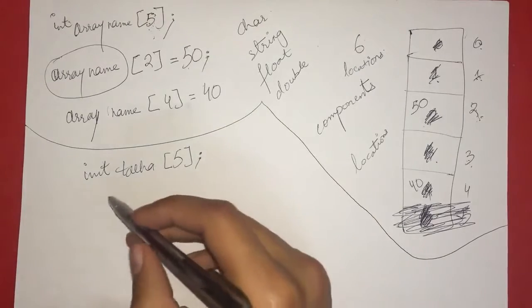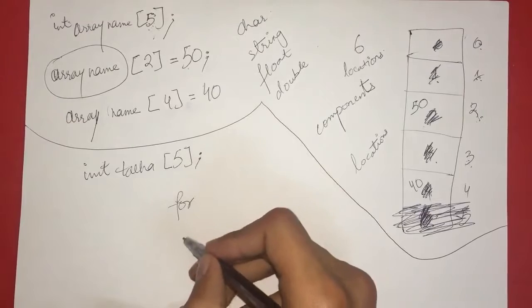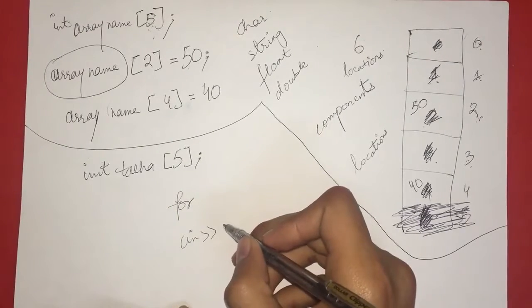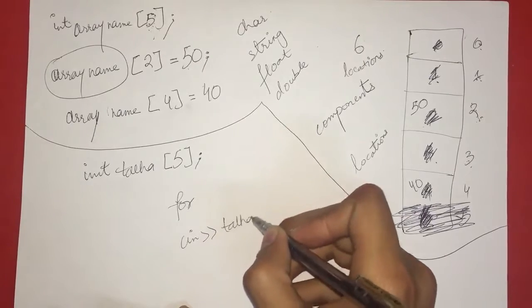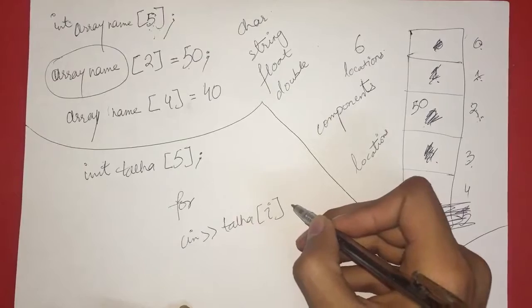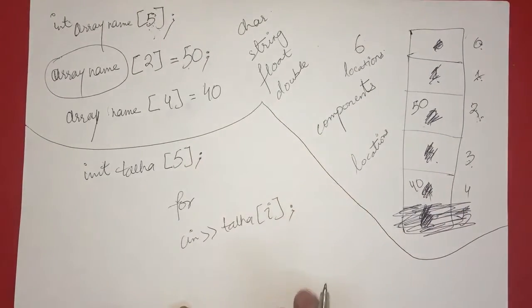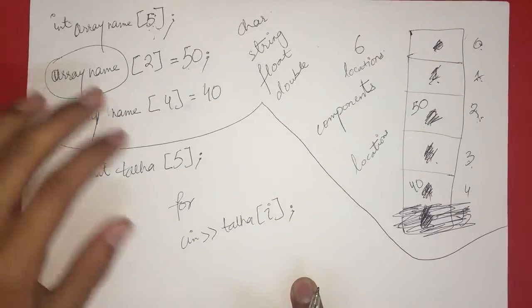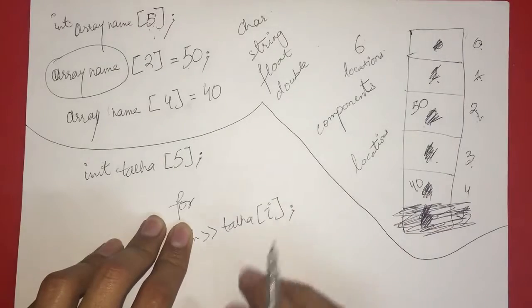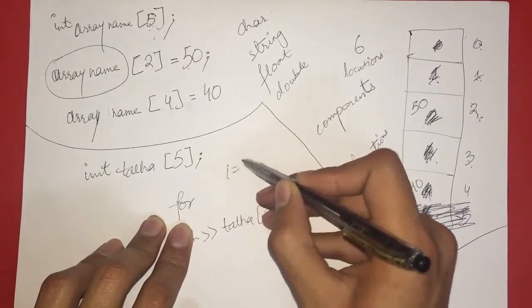So you had to use the for loop for that. In Talha, for example, the counter was i, so the user had to input for every component of the array till the fourth component, because it will start from i equals 0.